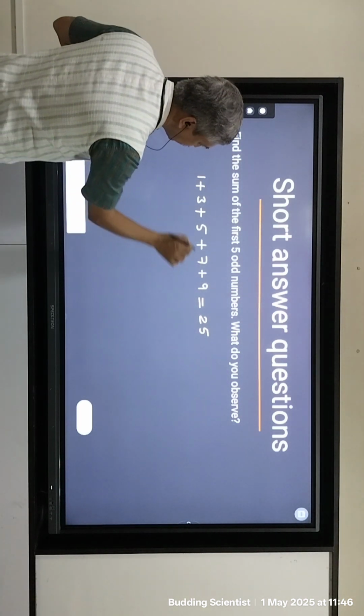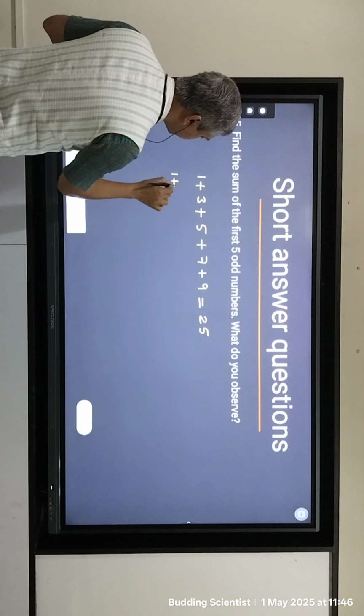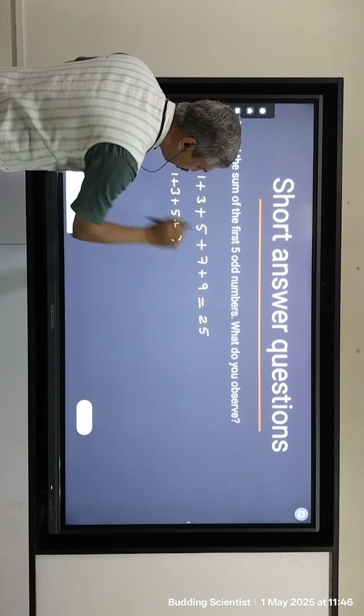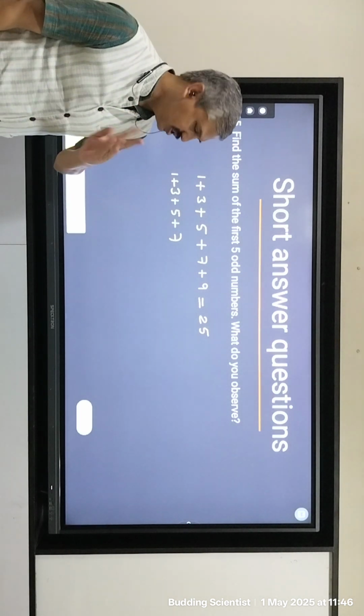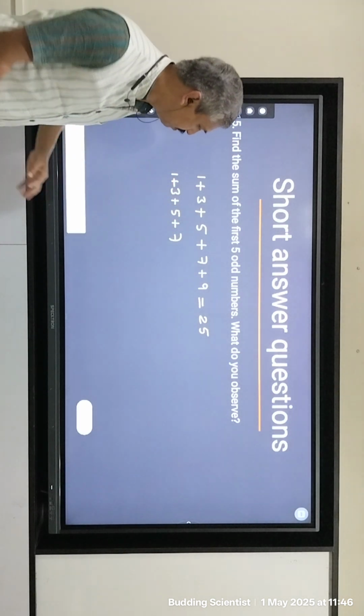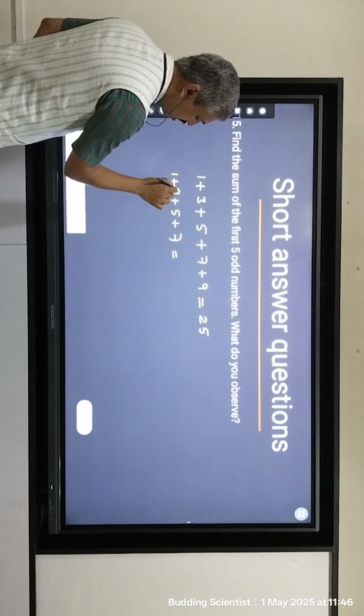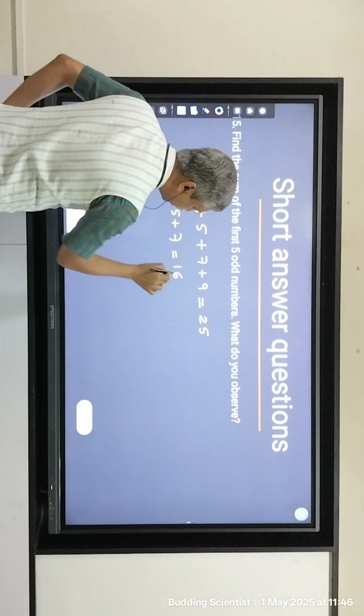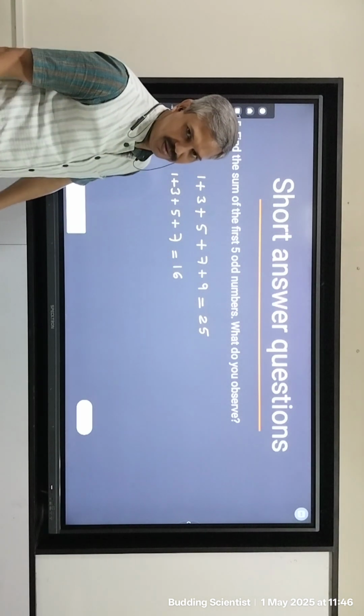If you take only 1 plus 3 plus 5 plus 7, the sum of first 4 odd numbers, let's see: 1 plus 3 is 4, 4 plus 5 is 9, 9 plus 7 is 16. This is 4 square.